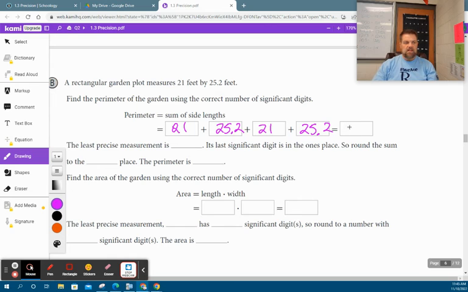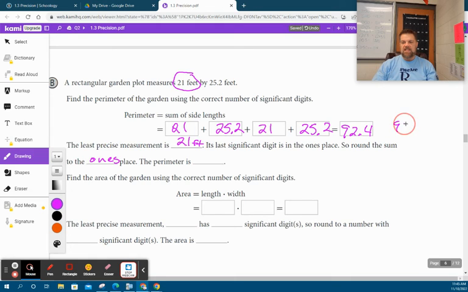I think it should be 92.4, right? Well, the least precise measurement, though, is 21 feet. Right? This is the least precise. So that means we're going to round to the ones place. So then the perimeter would be what?